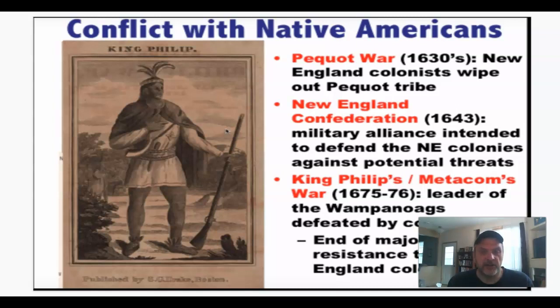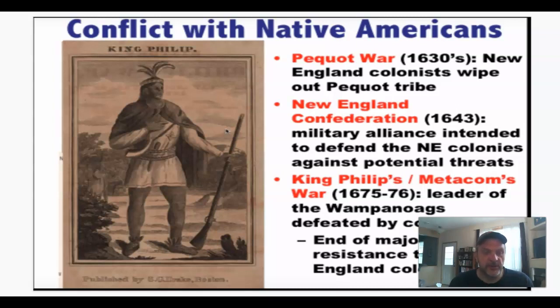The New England Confederation would not last very long, but in 1643, roughly, the two colonies did form what was known as the New England Confederation for military purposes. And then finally, by the 1670s, you had another major conflict with the American Indian groups, if you're the English, and that was known as King Philip's War.